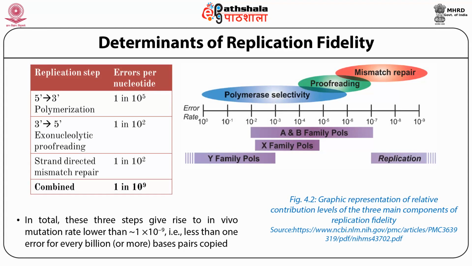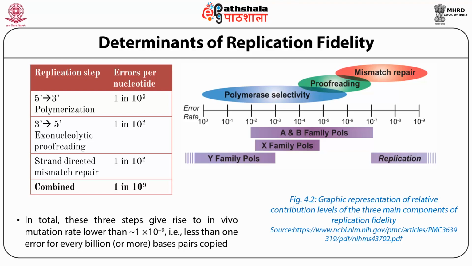Multiple factors determine that the replication of DNA is performed in an accurate and precise manner. The determinants are the combined result of polymerase selectivity, giving an escape rate of 10 to the power minus 5, proofreading or 3' to 5' exonucleolytic proofreading ability, showing an error rate of 1 in 10 to the power 2, and a strand-directed mismatch repair, which gives an additional escape rate of 10 to the power minus 2.